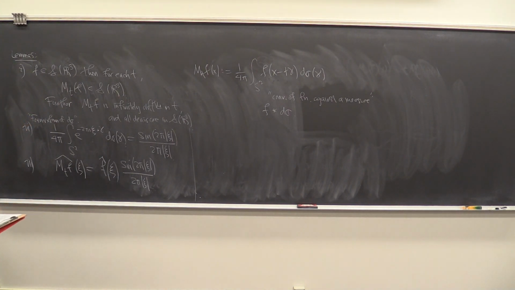Is this analogous to Fourier series over the circle? Instead of considering the function over all of R, you consider the function over the circle. Is there something like that happening here, where instead of considering the function over all of R3, you consider the function over the sphere?